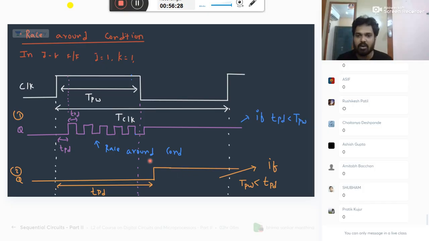It should occur in the same clock pulse, so less than the time period of the clock. If this condition is satisfied, you can say there is no race condition.